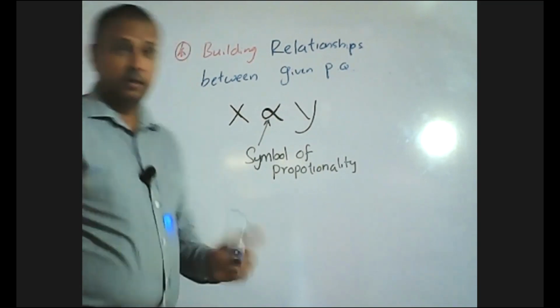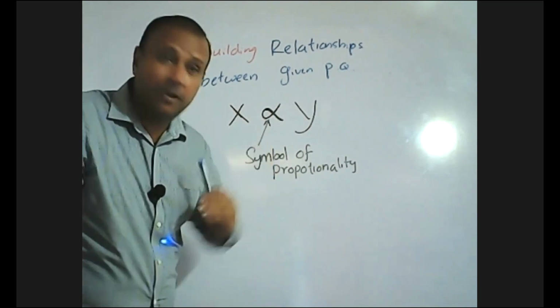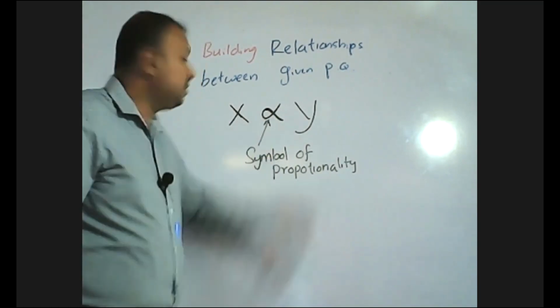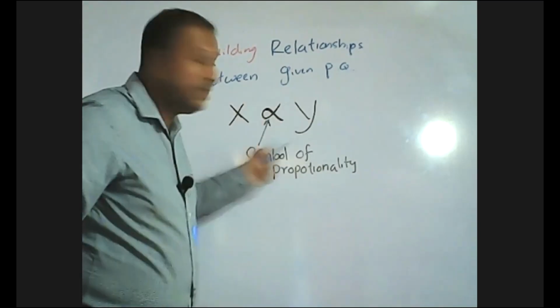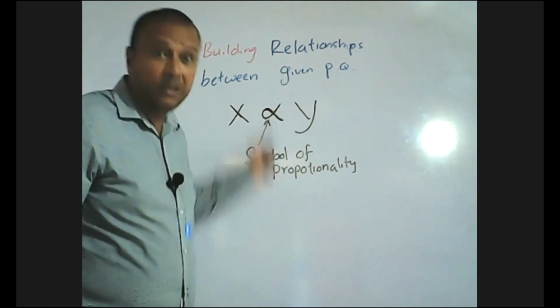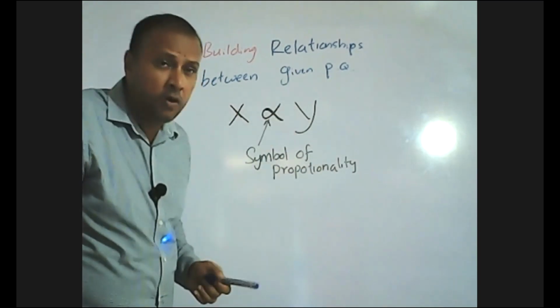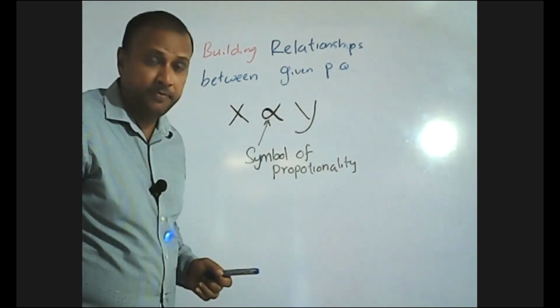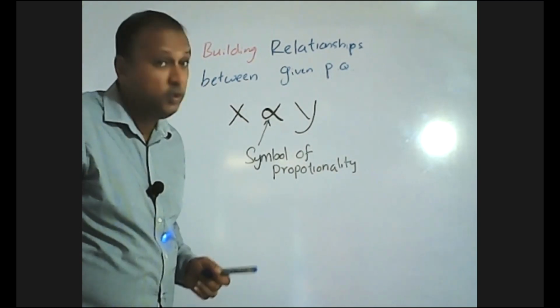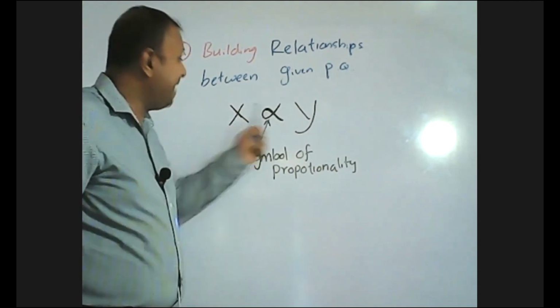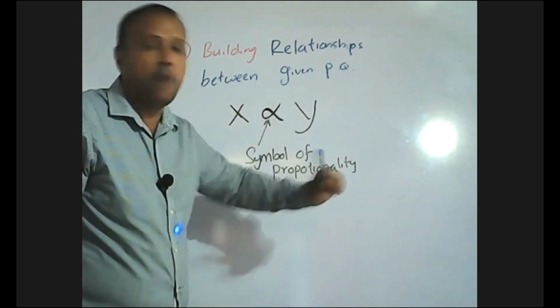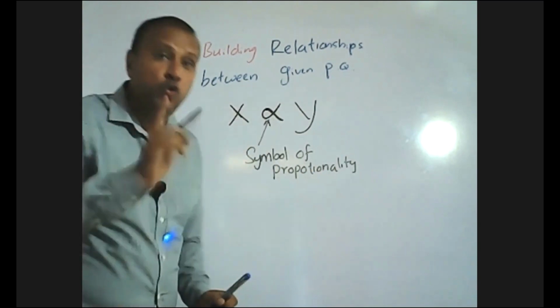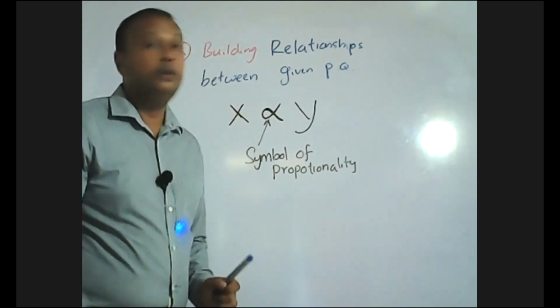But if we want to do some calculations among these two physical quantities, we cannot keep this symbol, because we do not know how to deal with it. So we can replace this symbol by an equal mark, using the definition of direct proportionality.